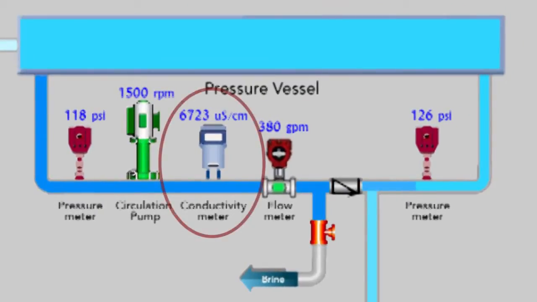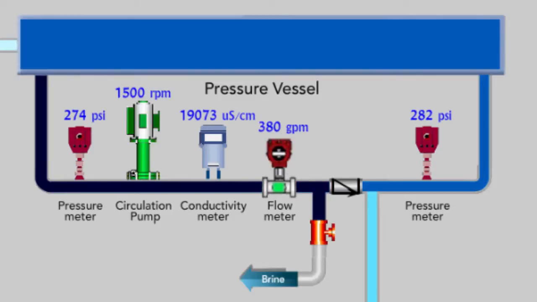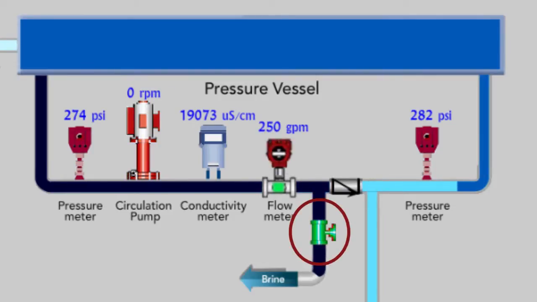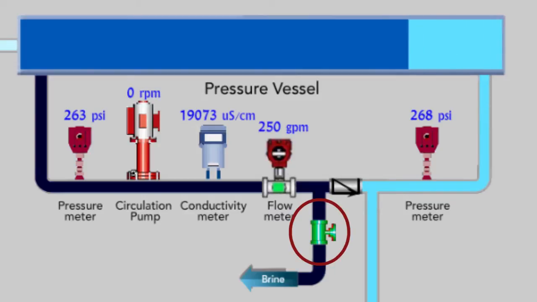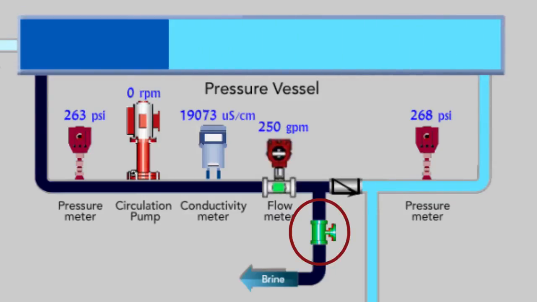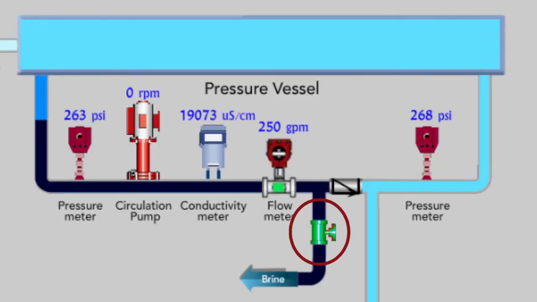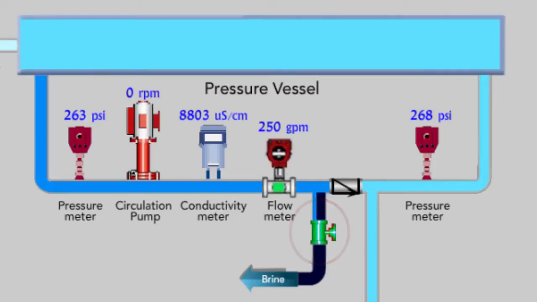As the concentration gradually increases, the pump pressure automatically increases to keep constant permeate flow. When the desired recovery rate is achieved, a brine valve opens to release the concentrate from the system. Feed water pushes the concentrate out and flushes the membrane surfaces. When the concentrate is fully rejected, the brine valve closes and a new CCD cycle begins.